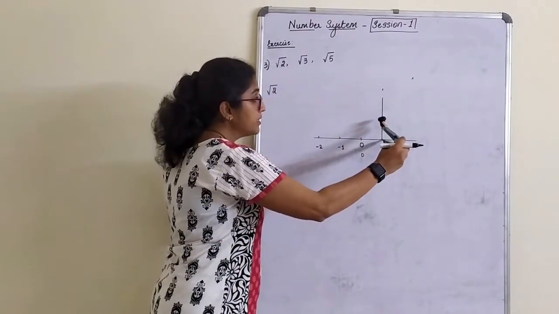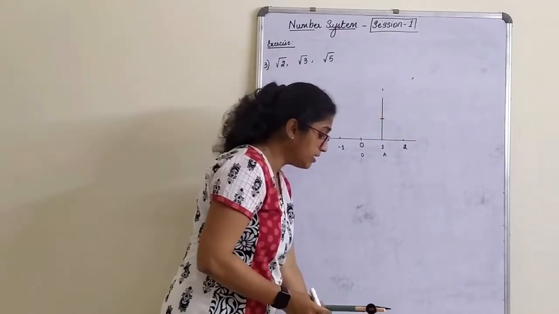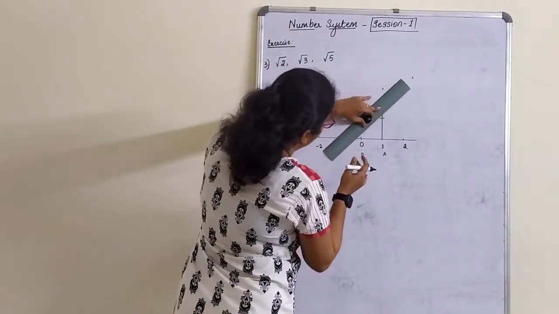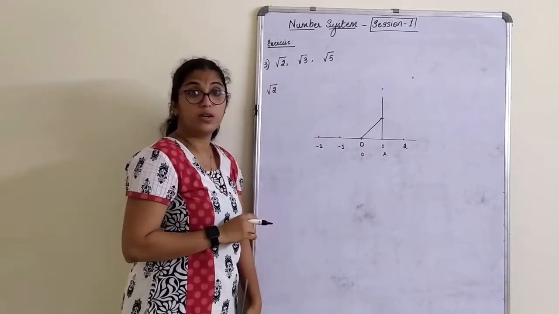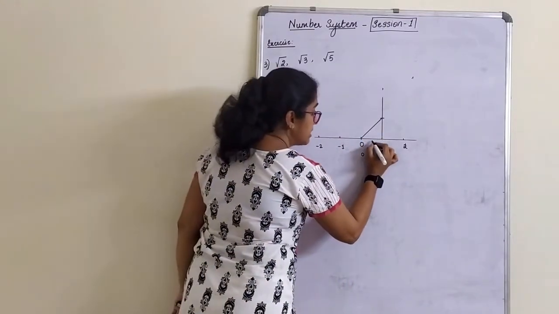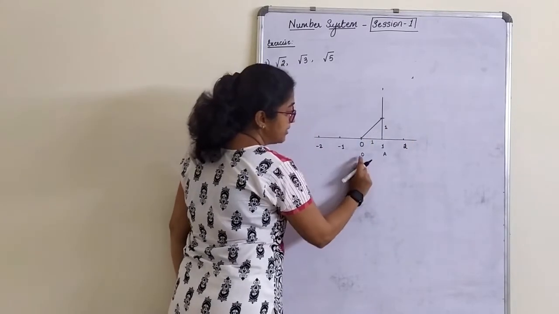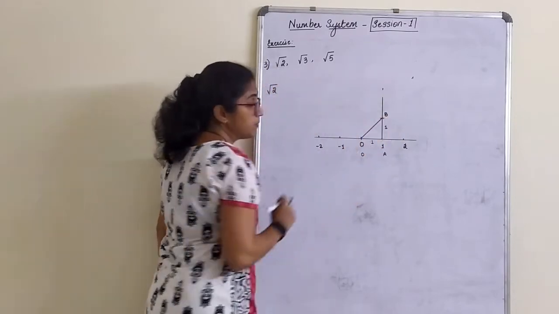Put it here and cut this for 1 centimeter. Done? Now again take your scale and join these 2 points. Okay? So according to this, this is 1 unit. This is also 1 unit. This is O, this is A, this is B.